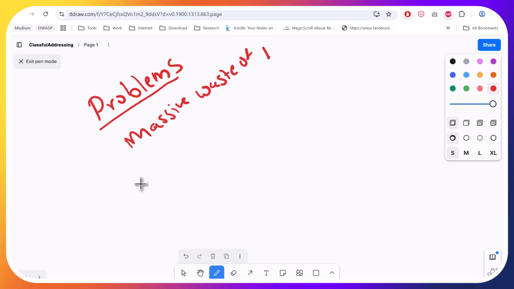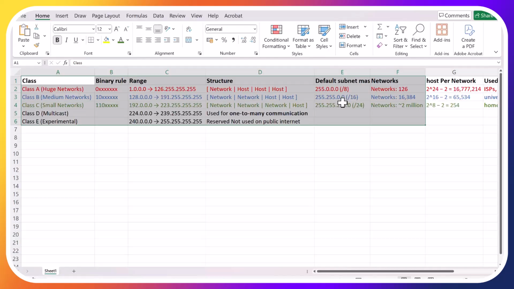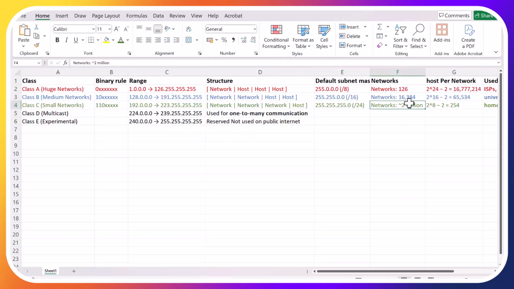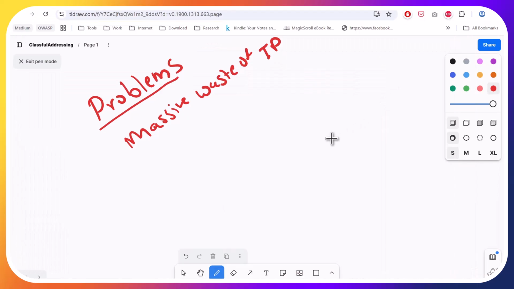Waste of IP. Because we have seen, right, if you take a class B network, you have 65,000 devices. That many devices we cannot have, right? So if we take a class B address and we have only 30,000 devices, the rest of the IPs are going to waste, right?